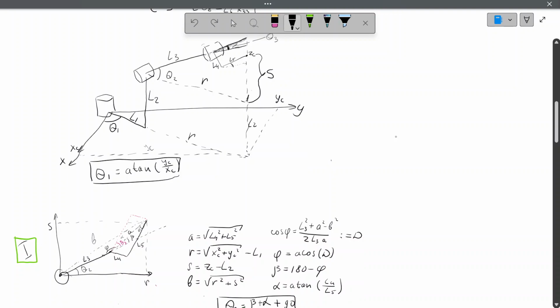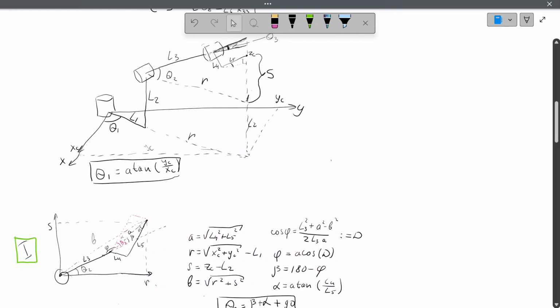Also, what else do we have here? This point we know is ZC. Here we also marked the distance S, which is the distance between this joint and the last point. And here we also have the R distance.